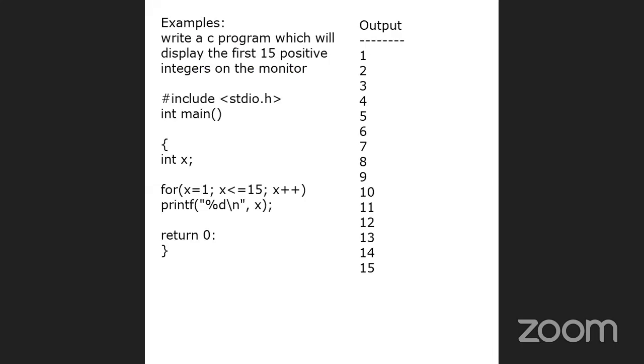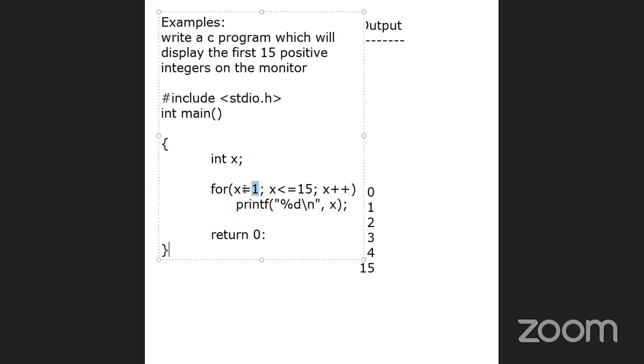If you start counting from 1 and you say that X should be less than or equal to 15, 15 is inclusive. But if there is no equal to, 15 is not inclusive, then you can change 15 to 16. That's what I said. Is that okay?